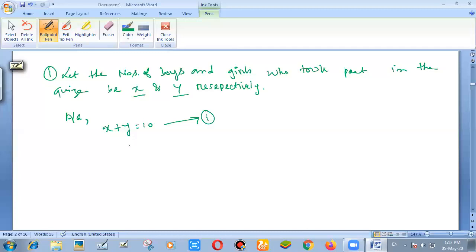Okay, tell me Bhaswati, what will the second equation be? The number of girls is 4 more than the number of boys. That means Y equals what? Y equals X plus 4.